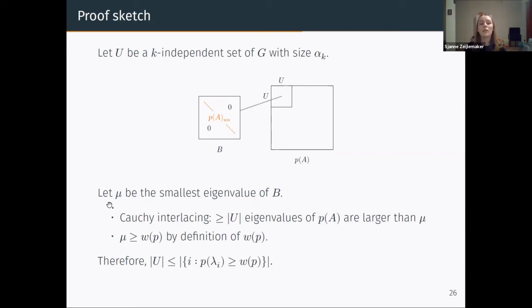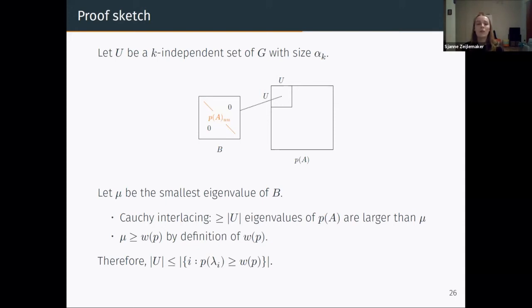And if we say that mu is the smallest eigenvalue of this submatrix, we can derive two things about it. So first of all, we have a principal submatrix here, so we can apply Cauchy interlacing. And we find that at least the size of this set, so at least alpha k eigenvalues must be larger than this eigenvalue mu.